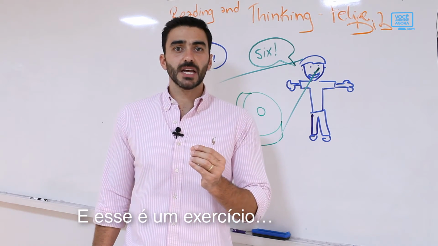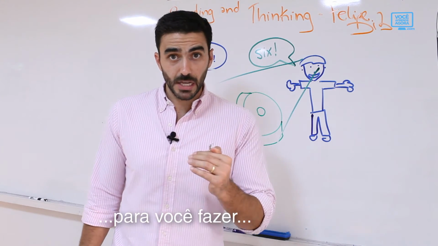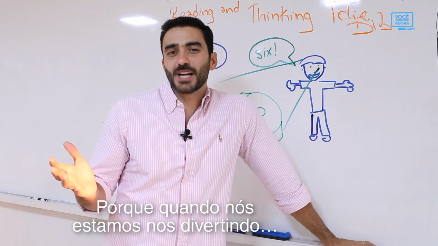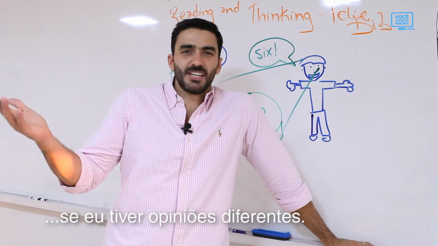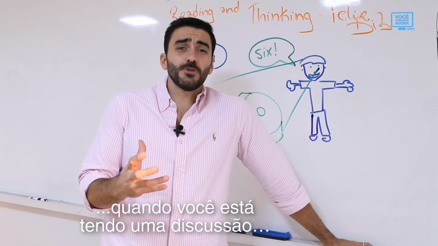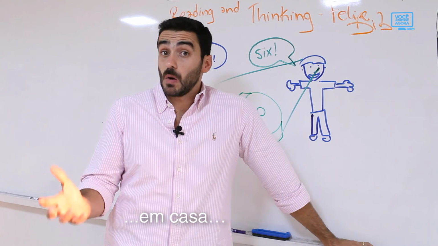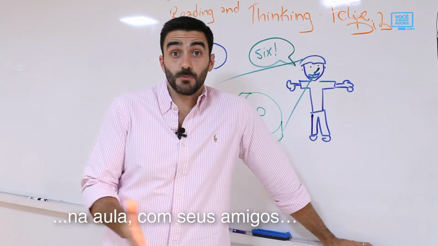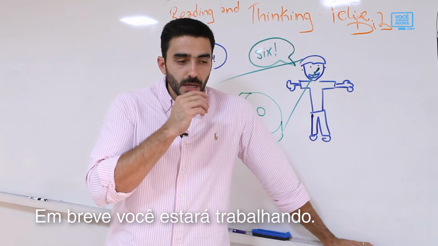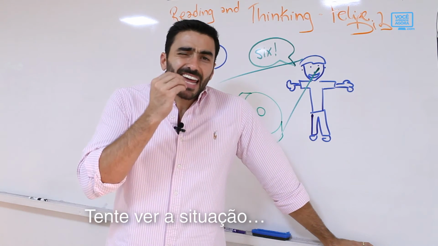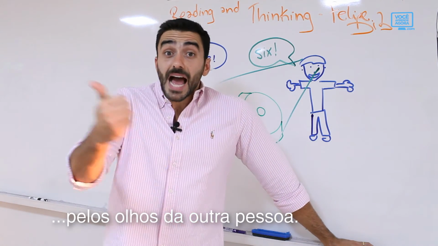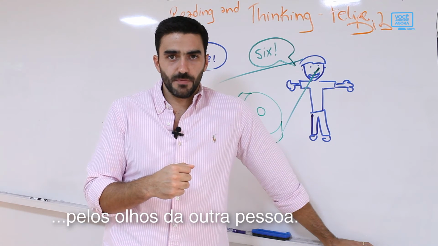And this is an exercise I'd like to suggest you to do. When you have a problem, because when we're having fun, no problem if I have different opinions. But when you are having a problem, when you are having an argument at home, in class, with your friends, at work, soon you'll be working, try to see the situation through the other person's eyes.